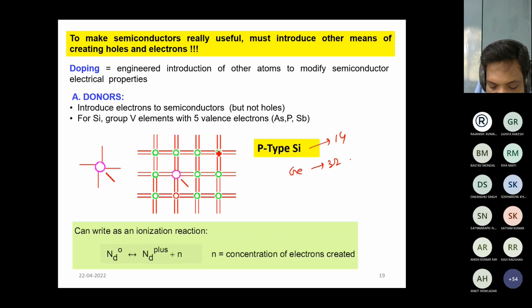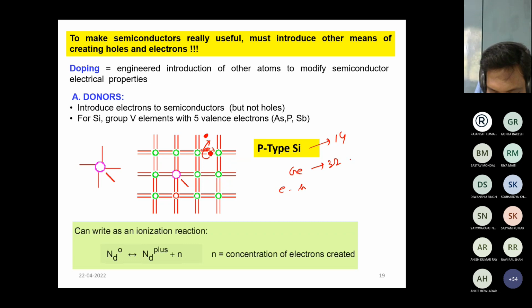If any covalent bond breaks, then an electron and hole pair will be created. If this covalent bond breaks, then this electron will move randomly to any other atom, and a vacant state will be created here. This is known as the generation of an electron hole pair.